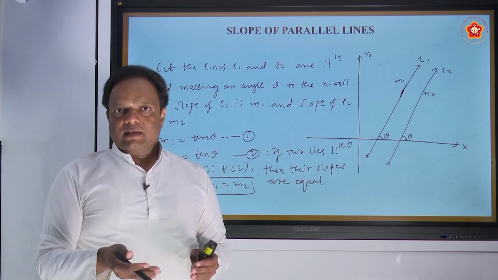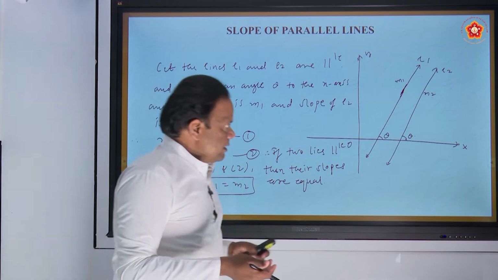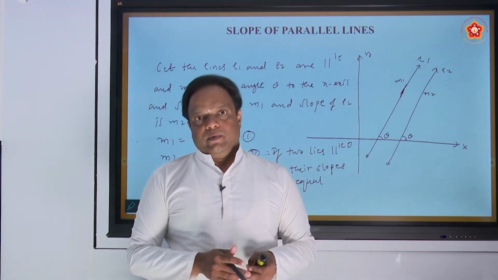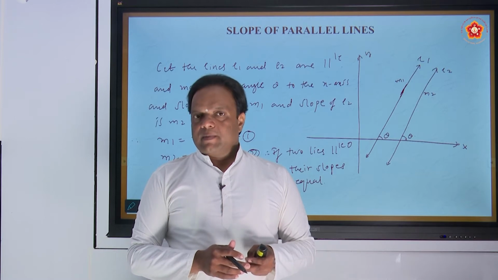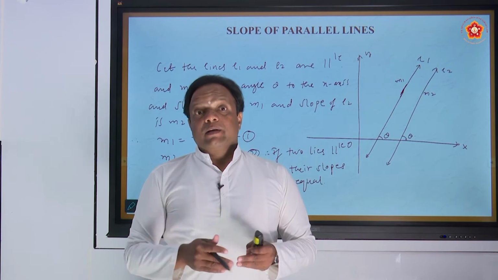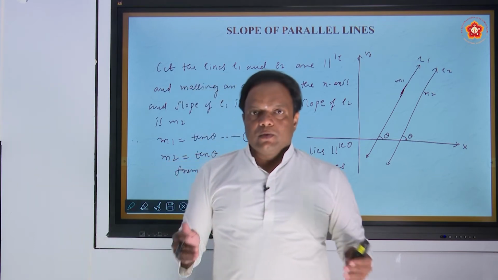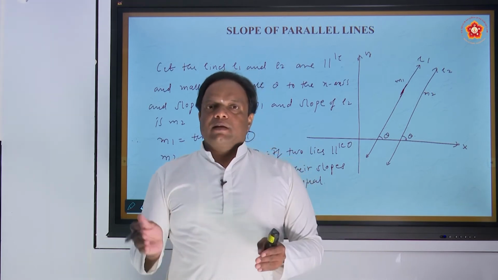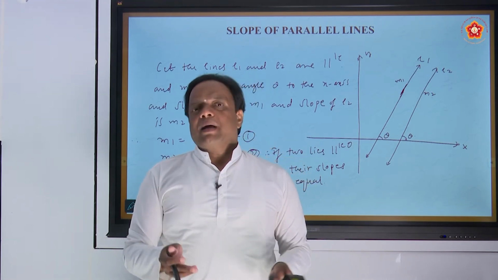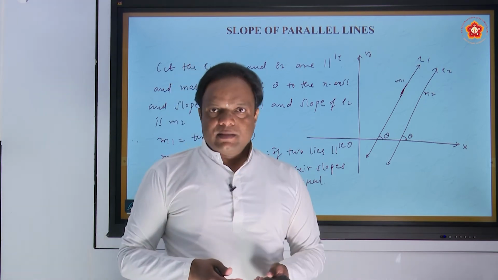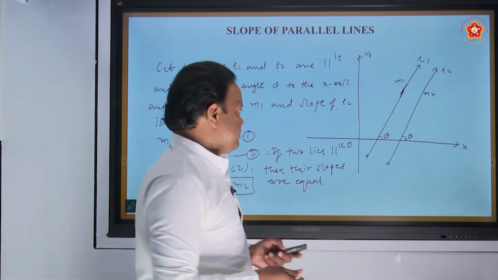Remember this very interesting and very important point. If two lines are parallel, then their slopes are equal. If the slopes of the lines are equal, the lines are parallel. This is the slope of parallel lines.